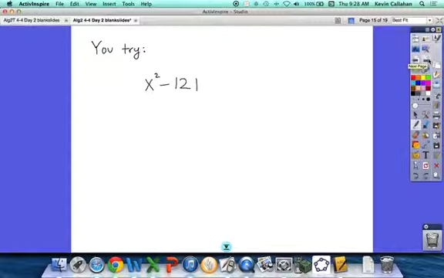So, could you factor that? Do you know what number squared is 121? You know how to take a square root in your calculator, don't you? So you could always just check it that way. If you don't know what number squared equals 121, put it in the calculator.